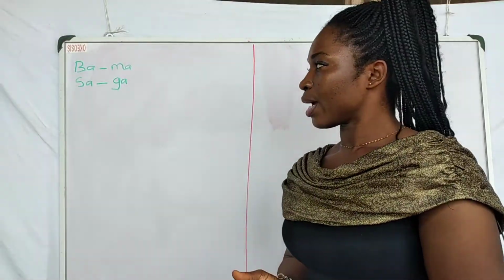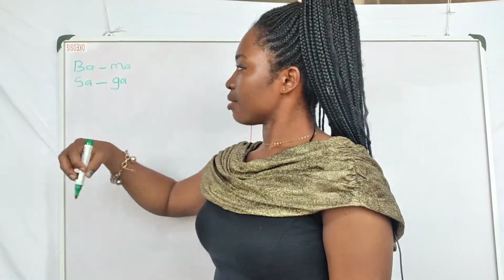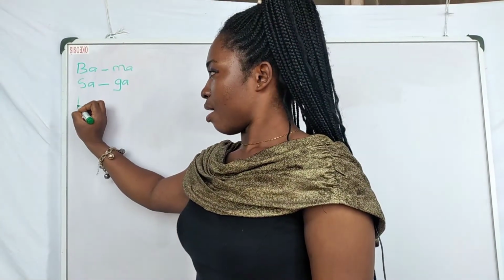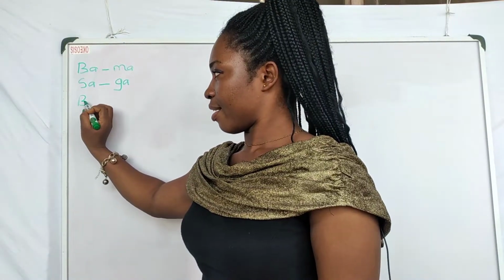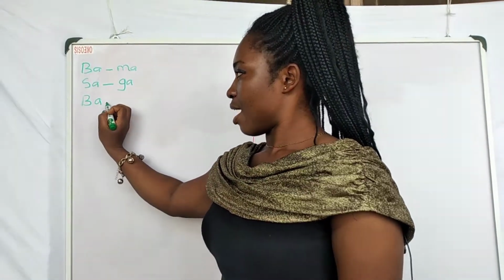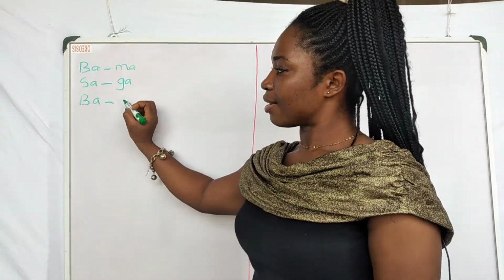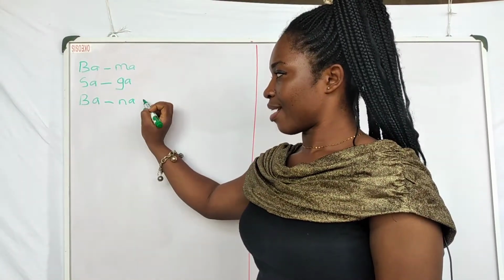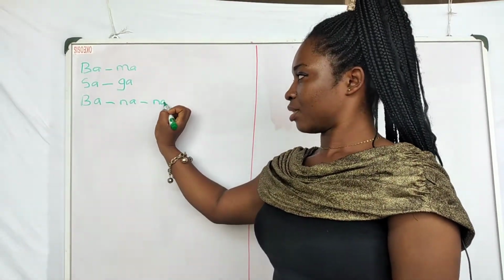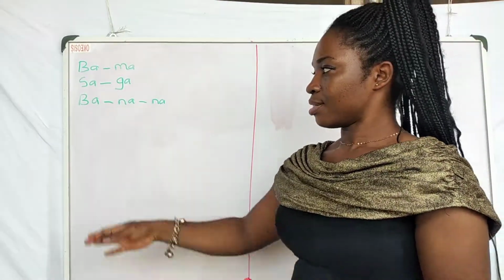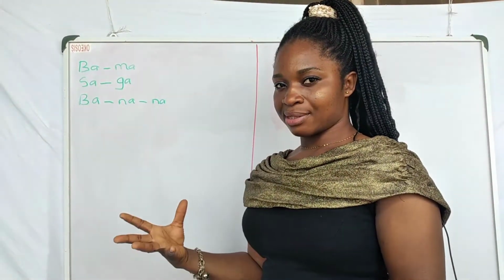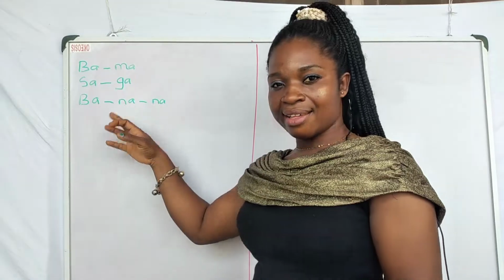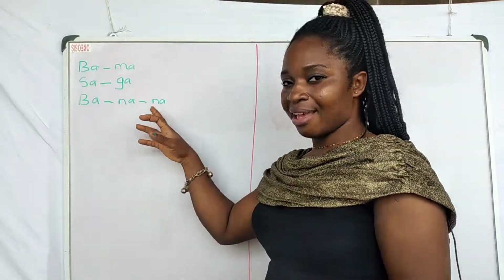All right, so we can take one again. Okay, let's try BA again. This is BA, the ba sound we know, and let's add NA and NA again. This is NA, the na.